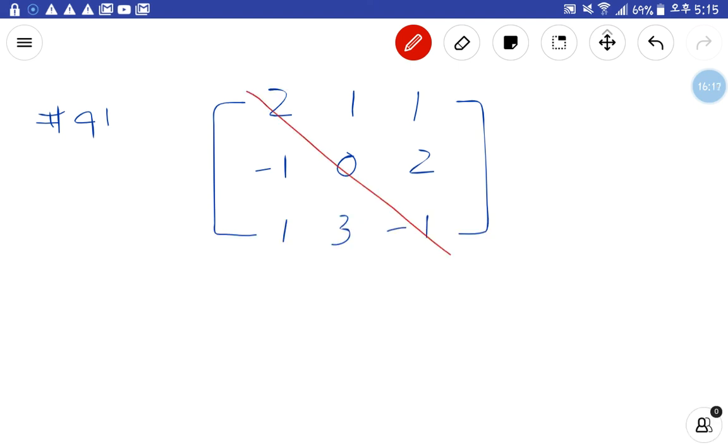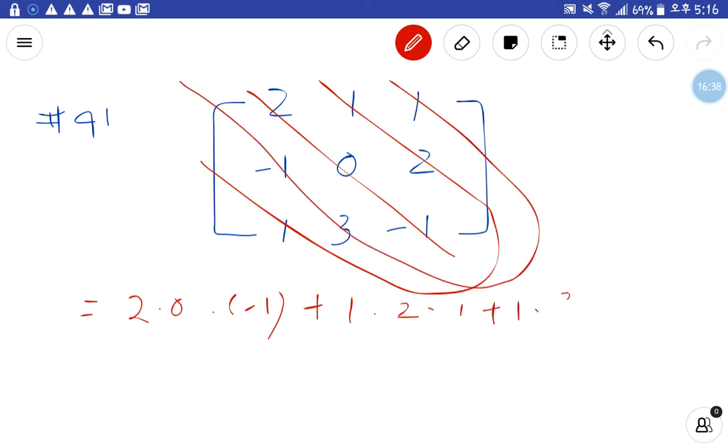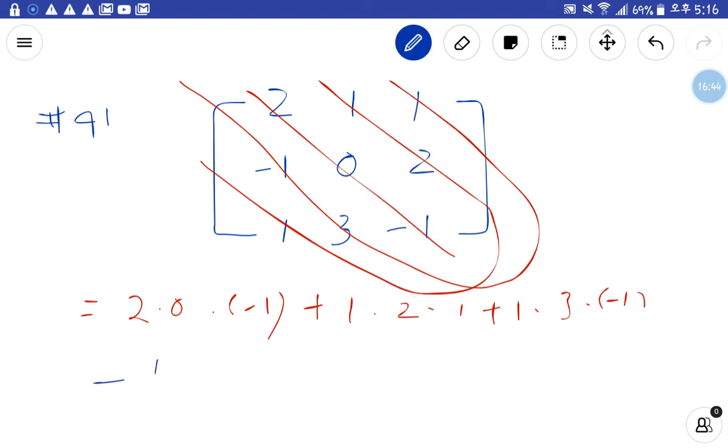So now 2 times 0 times -1 plus 1 and 2. Now I go to that. 1 times 2 times 1 plus, starting from 1 going to those 2, 1 times 3 times -1. Now what? Minus. Everything minus, I told you, right?